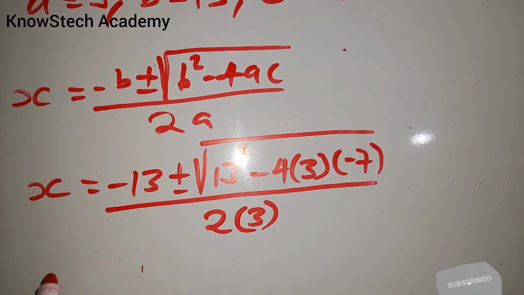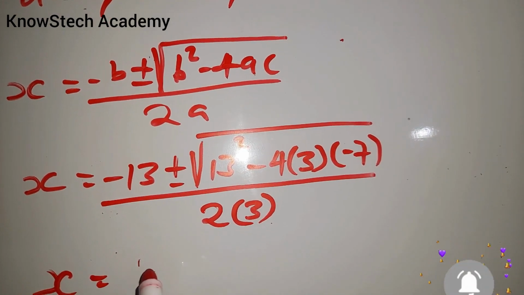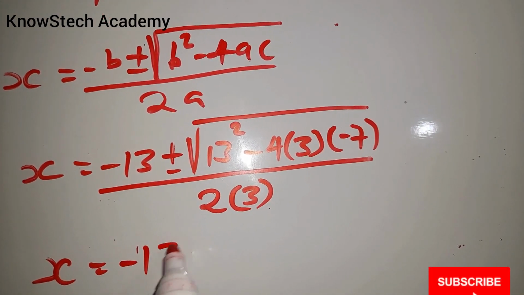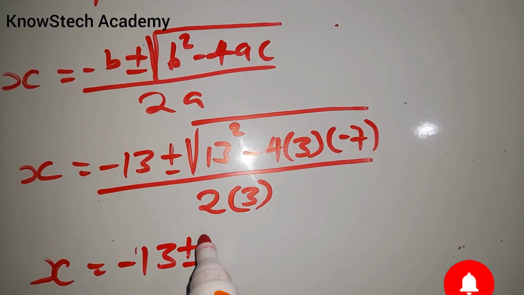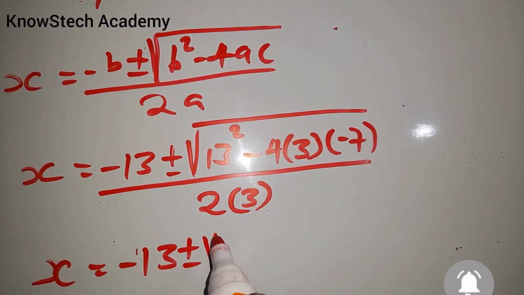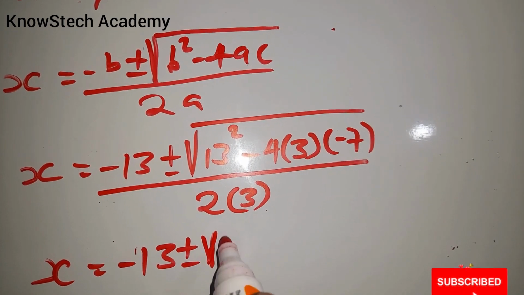Okay, so let's solve. Negative 13 squared is 169.